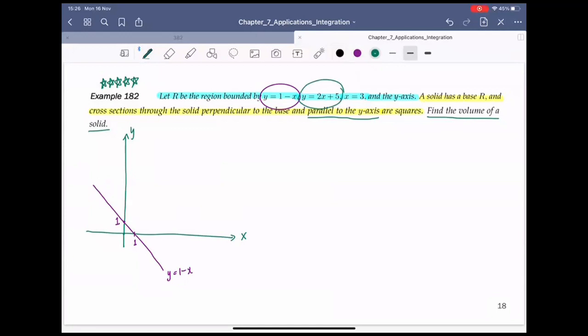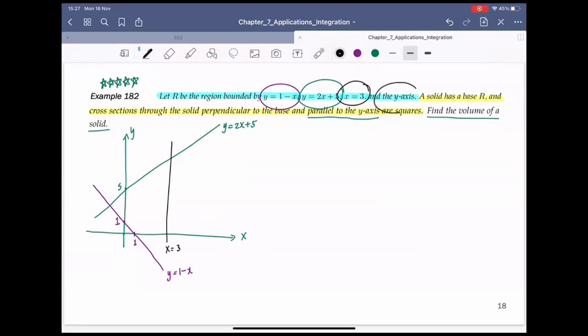So that means I cut the y-axis at 5. So it's going to be here at 5. All right. Well, and it cuts the x-axis somewhere. So I don't know, so just keep it going. y equals 2x plus 5. Now x equal to 3, which is this line, right? x equal to 3.